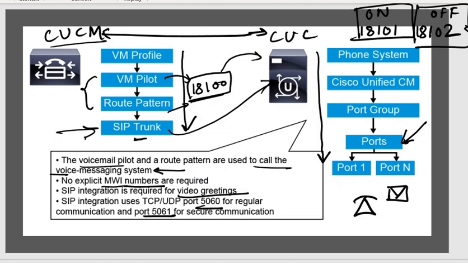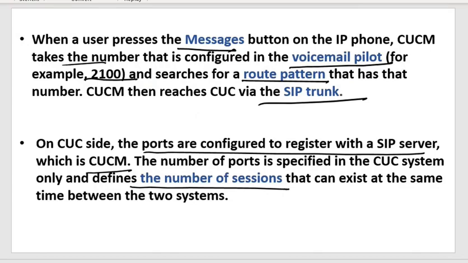We discussed in Unity Connection how many sessions are enabled by default, 250. But from that, you do not want to open all 250 ports at once. So you can use, let's say, just 4 ports. That's it. So 4 simultaneous sessions will be allowed. So this port number defines how many sessions you want to allow.